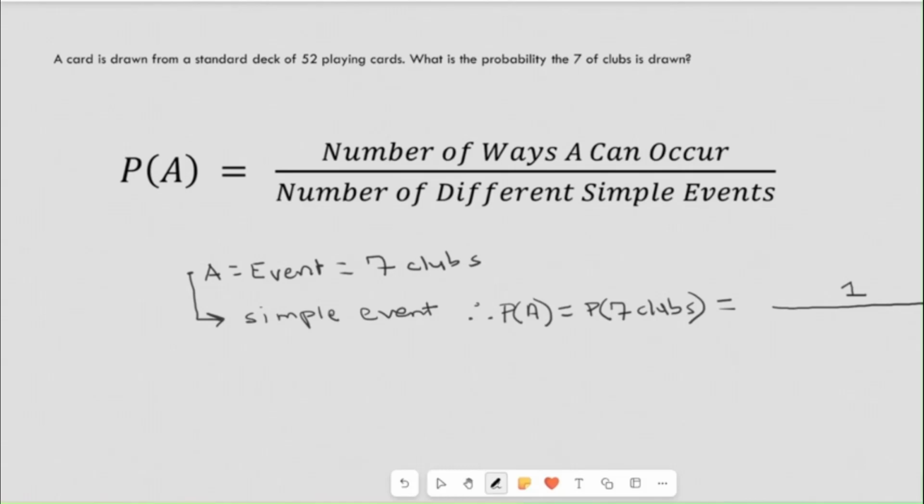Therefore, our total number of simple events will be equal to 52. Therefore, the probability of drawing a 7 of clubs from a standard 52 deck of playing cards is going to be equal to 1 over 52, or 0.019.